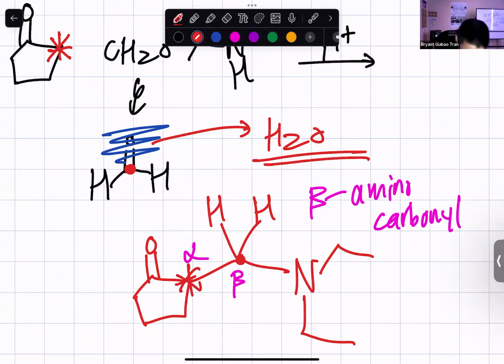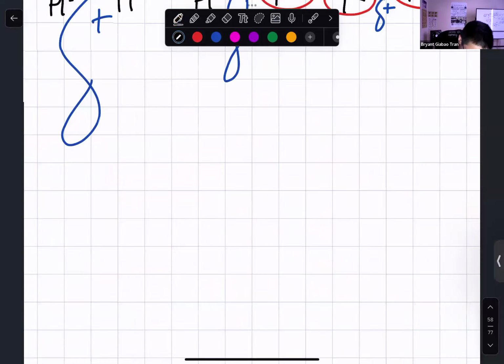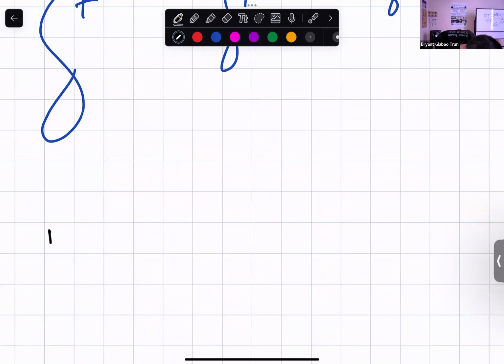I'm going to give you guys the three components in different orders, and I want you guys to determine what is what.